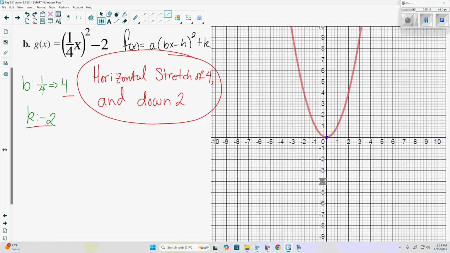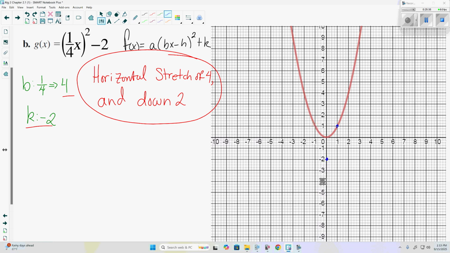Now with this here, 0, 0, it's kind of the funny spot because it's just going to go down 2. Now normally we would go over 1 up 1 for our next spots. That's the normal x squared.